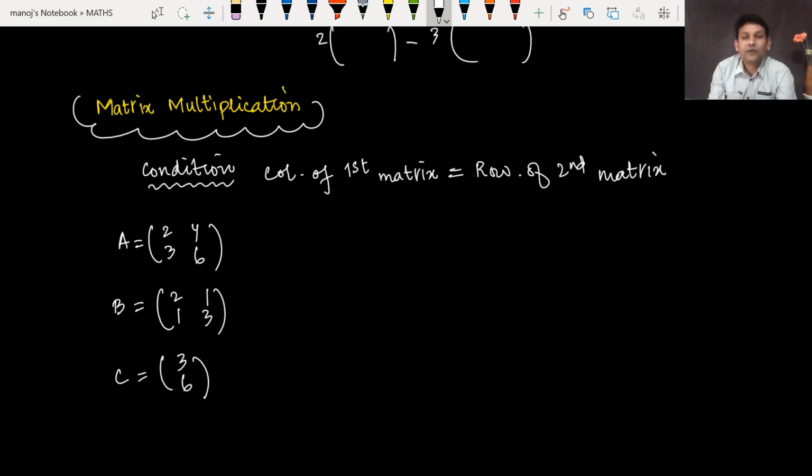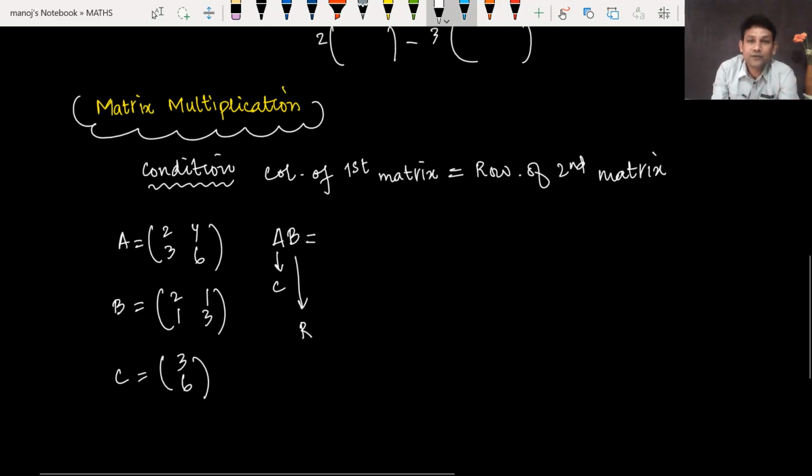When I want to multiply A with B, first of all I should know that the columns of A should equal the number of rows of B. Do we have equal? How many columns are there in matrix A? There are 2 columns. And how many rows are there in B? There are 2 rows. It means multiplication is possible.